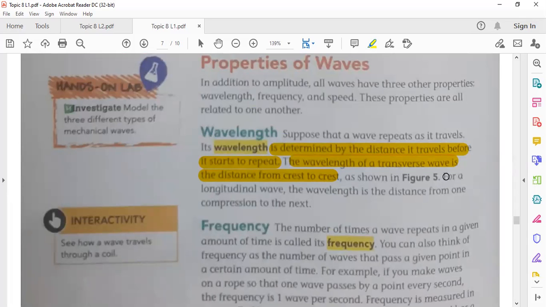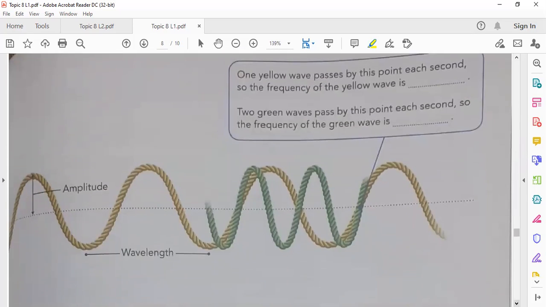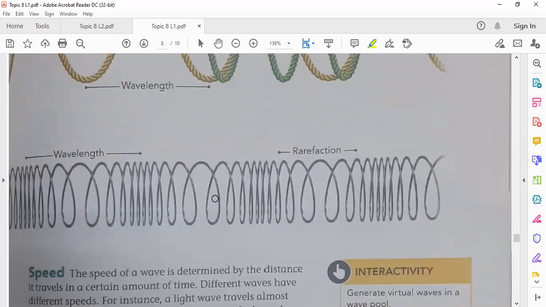For a longitudinal wave, the wavelength is the distance from one compression to the next, like this. This is the wavelength of the longitudinal wave.